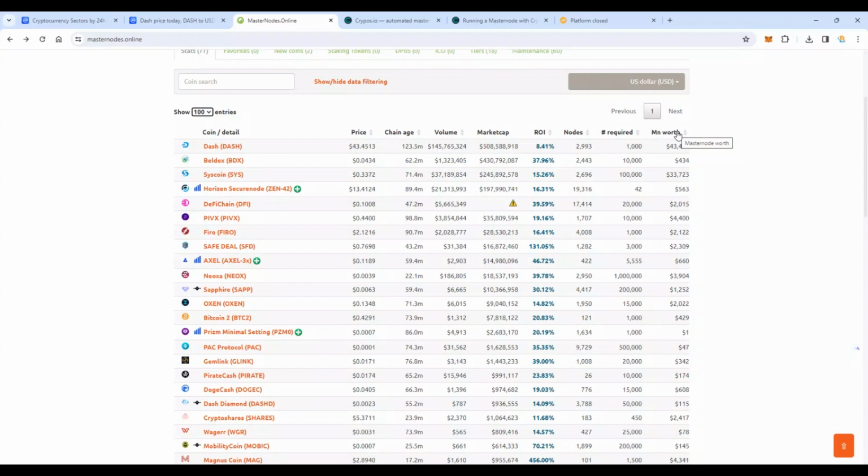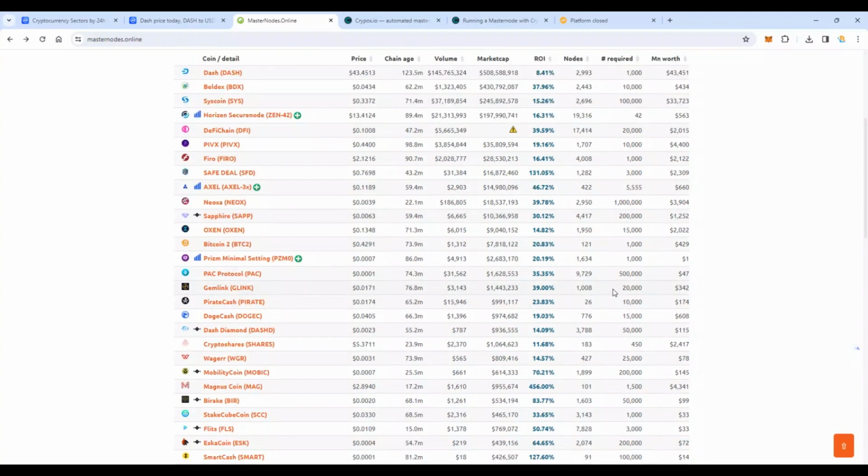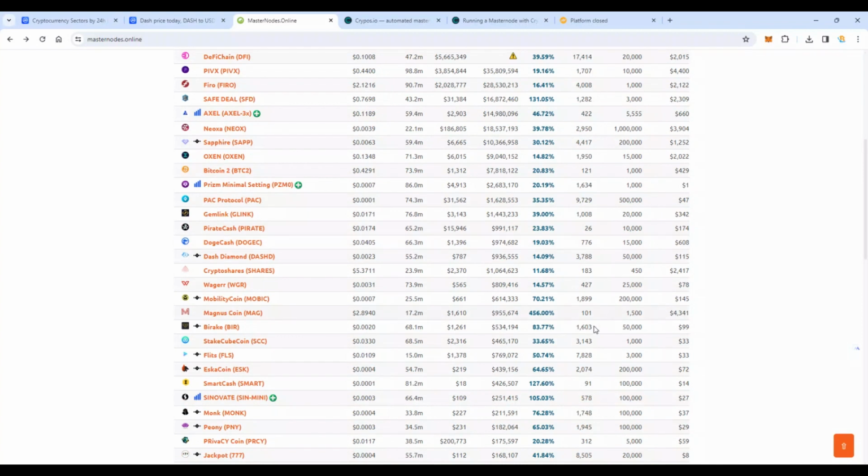It's a lot of money. Also, don't be enticed by some high ROIs, yeah? Because you might be enticed by some high ROIs, but once you earn, for example, look at this node here. It's giving you a return on investment of about 127%.